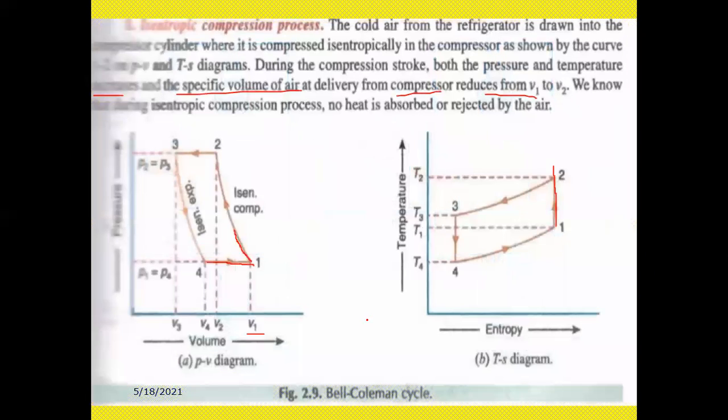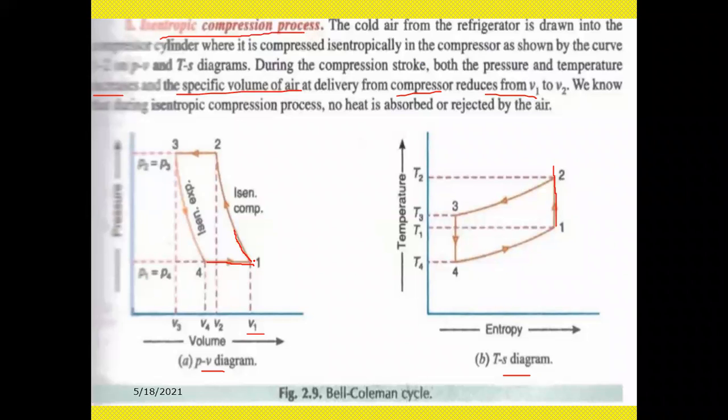Now see the first process, the isentropic compression process. In this isentropic compression process, see the figure: the PV diagram, pressure-volume diagram, and the temperature-entropy diagram. Cold air from the refrigerator is drawn into the compressor, where it is compressed isentropically. So see here, the pressure is increasing.